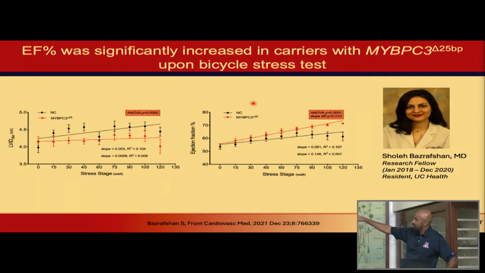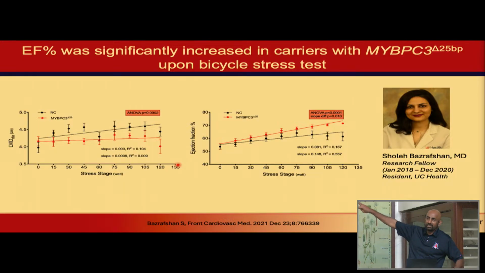You can see very nicely that at baseline there is no difference in cardiac function between the mutant and the wild type or non-carriers. But when you increase the stress, giving more stress stages, you can see there is a clear difference in their cardiac function.